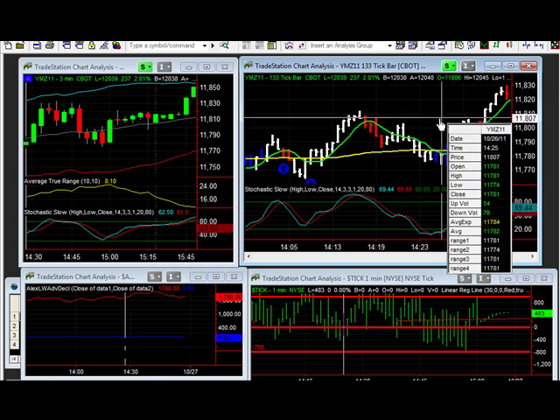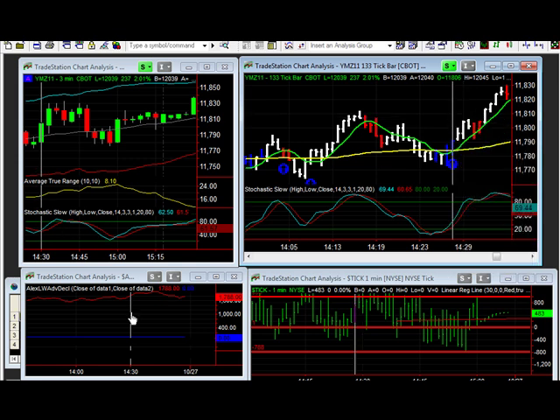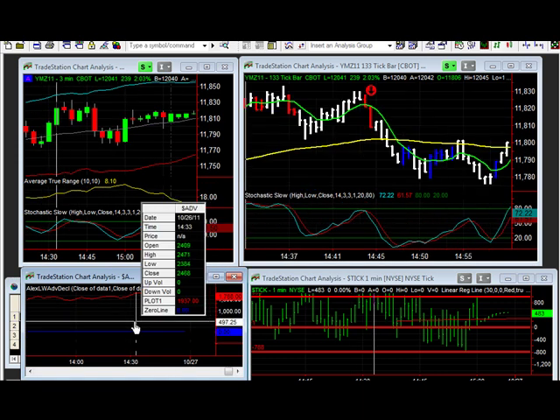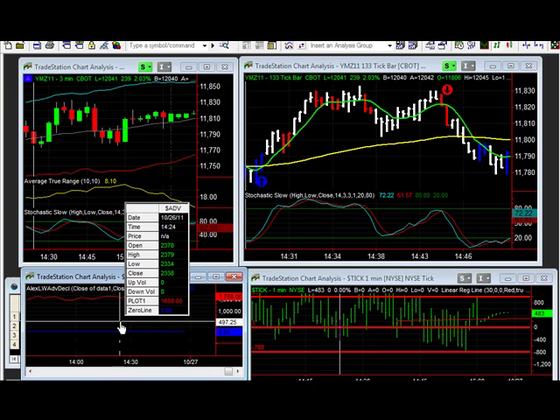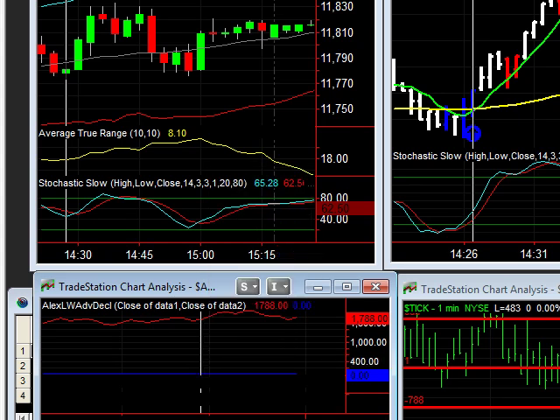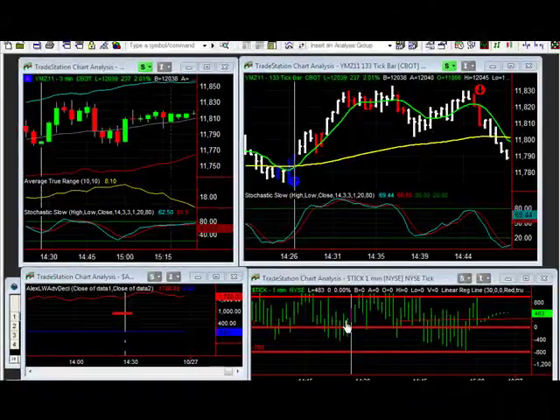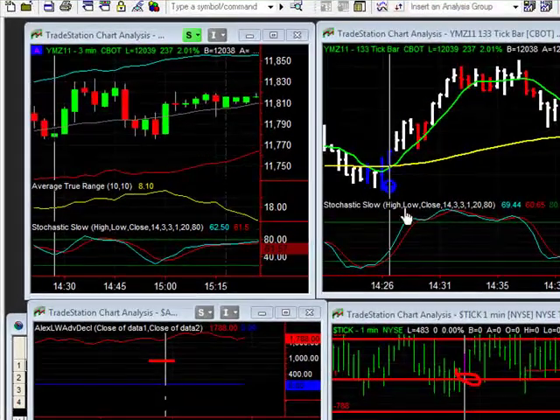We have the signal right there, and you'll see what each chart was showing, what the advance declines were showing, what the ticks were showing. We have the advance declines right here. We have the ticks, what they were doing right there at the moment we called the trade.